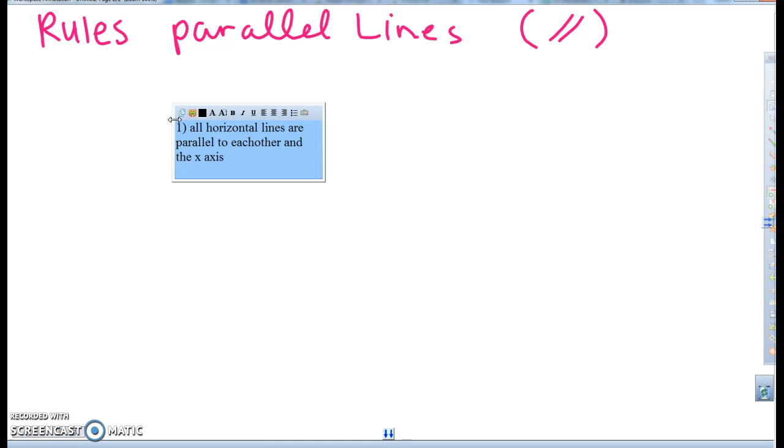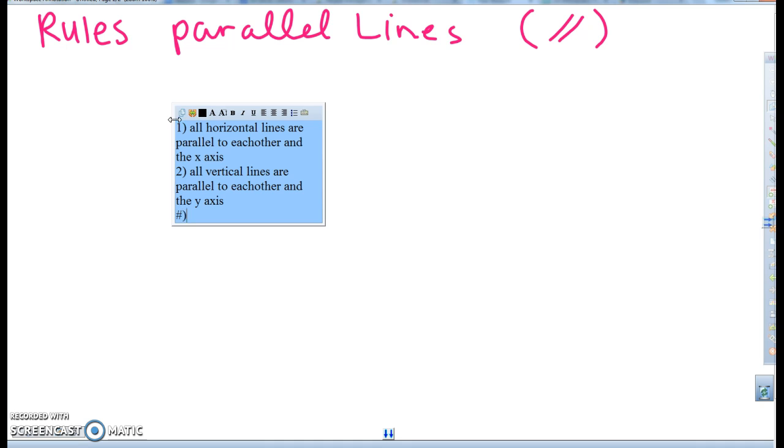That may seem obvious that all horizontal lines are parallel to each other. Then obviously it can be said that all vertical lines are parallel to each other and to the y-axis.